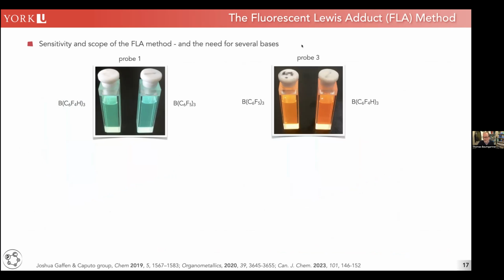If you do that with the yellow probe, we get different shades of orange, but inverted. In this case, this is the stronger Lewis acid than this one, whereas in this case, this one is the stronger Lewis acid than this one. It just reflects how close they are, and that you have to be careful with these absolute measurements, because we now average it out and determine the value at the ideal matching point. We can actually eliminate those individual absolute points.